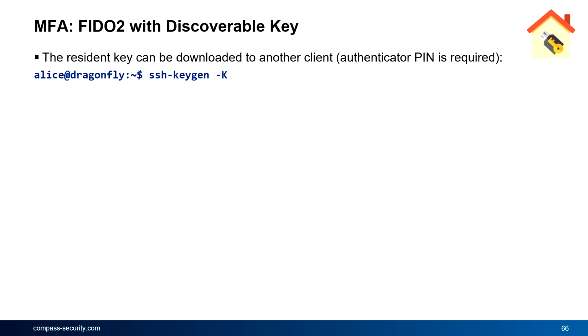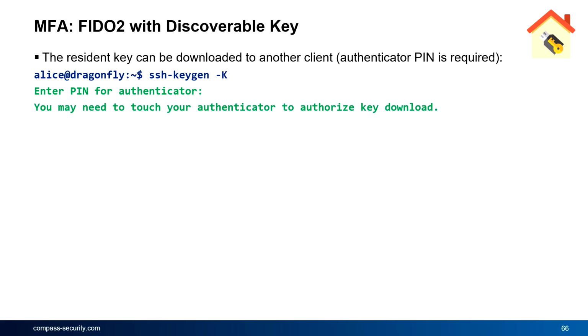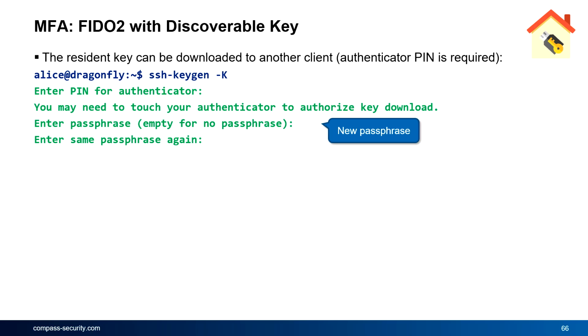If you now want to use your authenticator on another system, you first have to download the resident key to your system. You can do this using ssh-keygen -K. Then you have to enter the PIN of your authenticator. Then you have to touch it for authorization, and then you can define a new passphrase. This is again not the same passphrase as before.